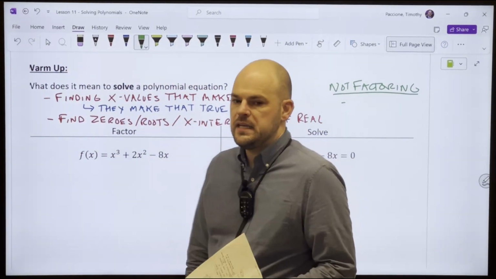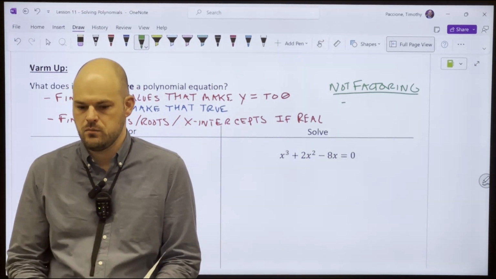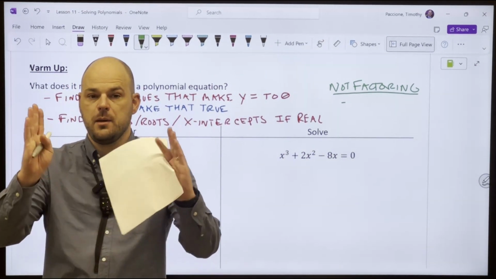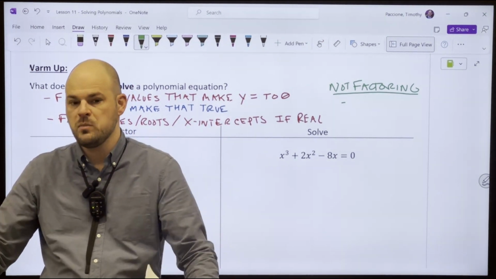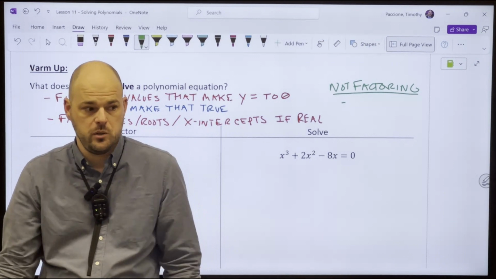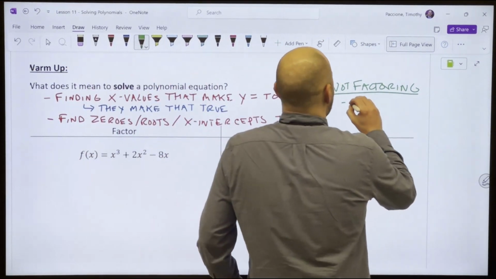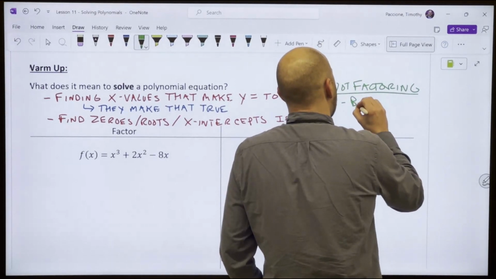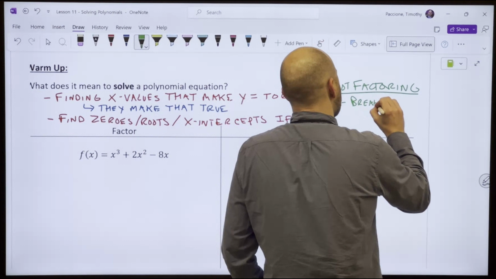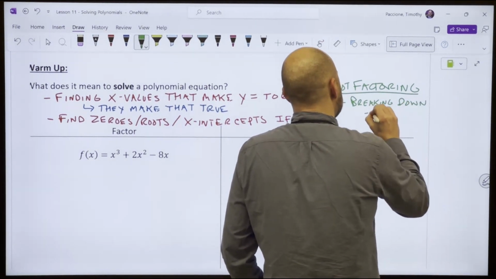So it's breaking it down into the multiplication of smaller things. Okay? So you take a thing and you change its form into a more broken down form, but you are not solving when you do that. Okay? So factoring is breaking down. It's not solving.